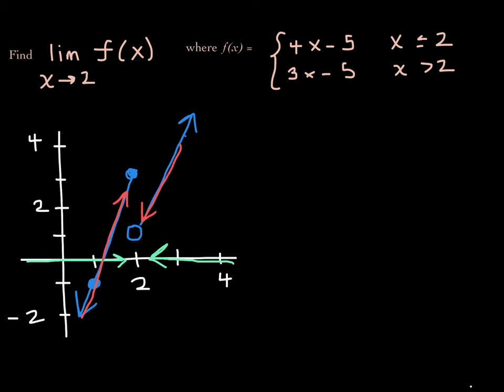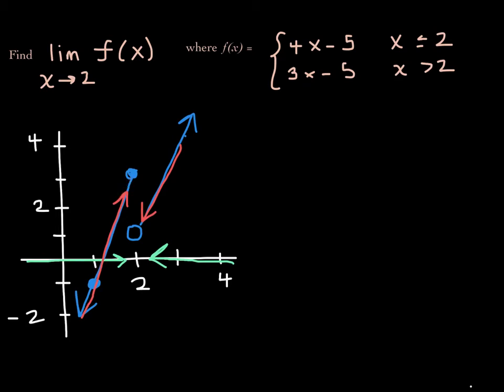Now wait a minute, these values are different, right? As x approaches 2 from the right, my function values are approaching 1. But when x approaches 2 from the left, the function values are approaching 3.